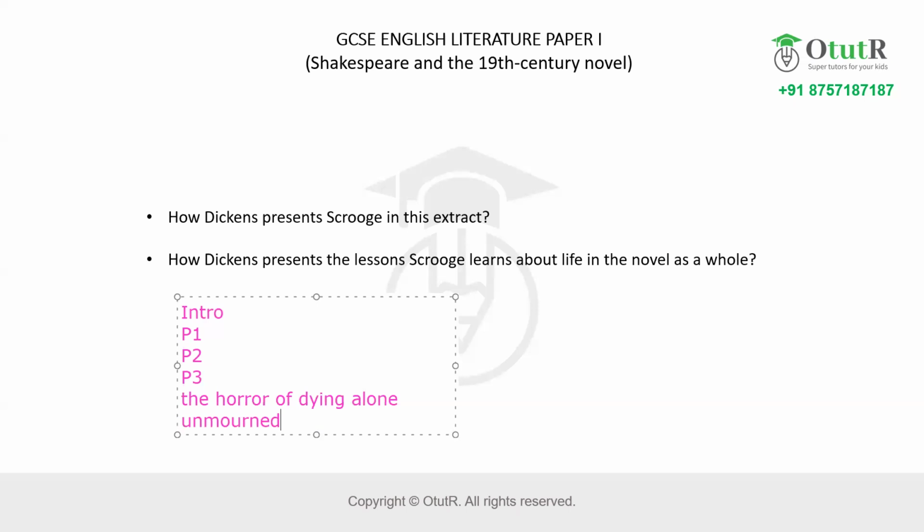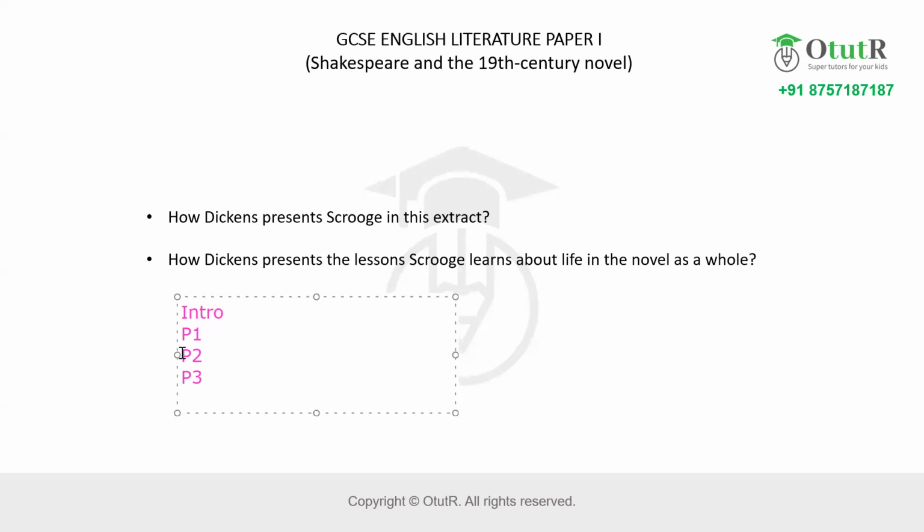So the vision of Tiny Tim's death, shown by the Ghost of Yet to Come, teaches Scrooge to undergo a genuine change and transformation. And Scrooge finally understands the lesson of kindness, that mankind, this is one of the key quotations, is my business.